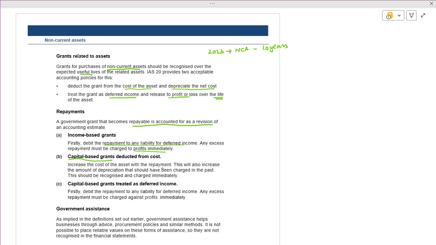Repaying the grant will also increase the amount of depreciation proportionately. For capital-based grants, first debit the repayment to any liability for deferred income, and any excess has to be charged to profit. These are very, very important points.